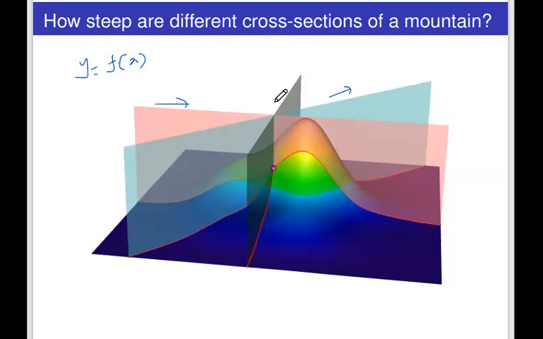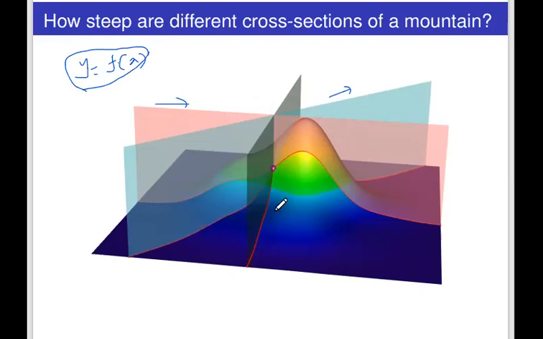And if you change the direction, you now slice off the mountain along this direction, and you get this two-dimensional curve through this point. The cross section is a two-dimensional curve that passes through this point, because we are all the time chopping off the mountain through that point.